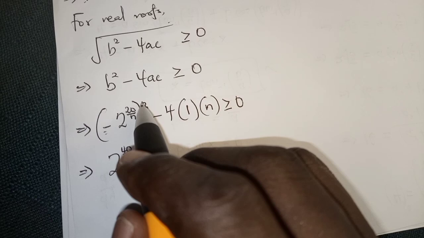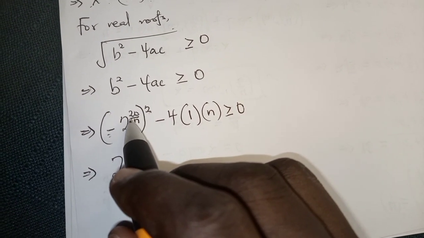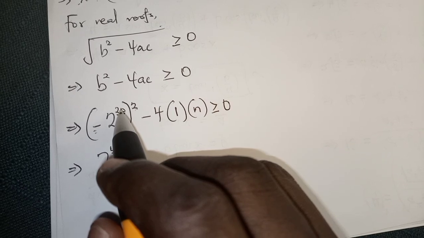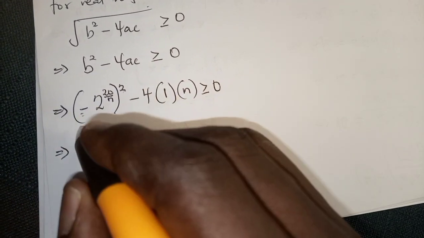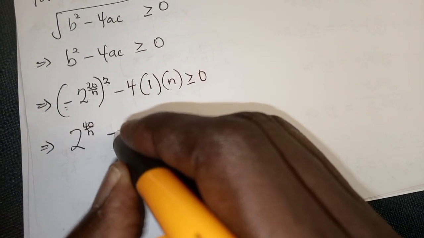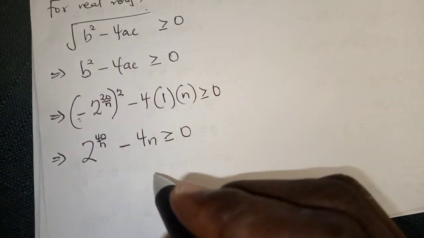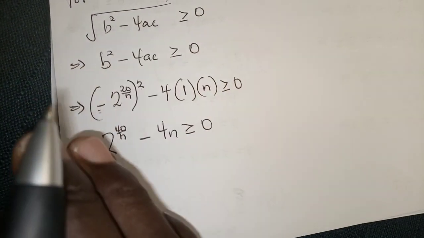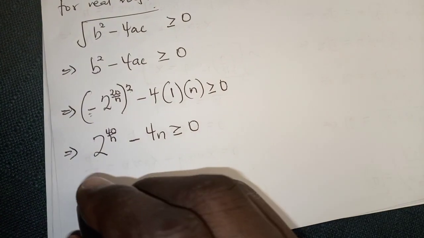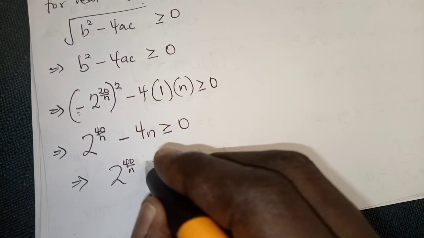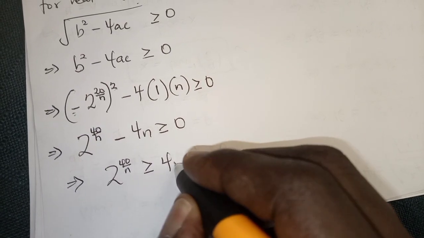Indices will multiply each other, so you get 2 times 20, which is 40 on n, minus 4n greater or equal to 0. We can better write this in the form 2 exponent 40 on n greater or equal to 4n.